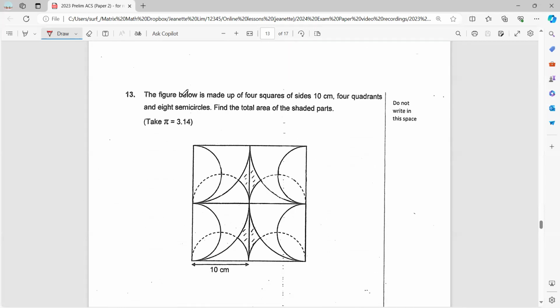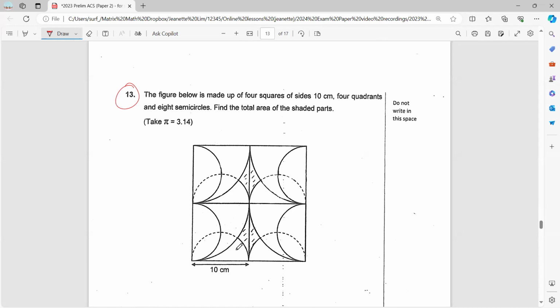Question 13. There might be an error in this question, because according to the answer key, the answer is 200, but it's not possible that the shaded part is 200, because 200 is basically half of this square. This is 20, and 20 times 10 is half of the square.